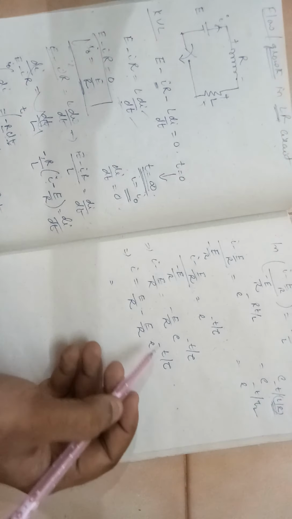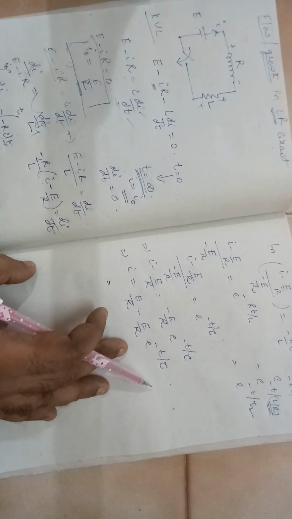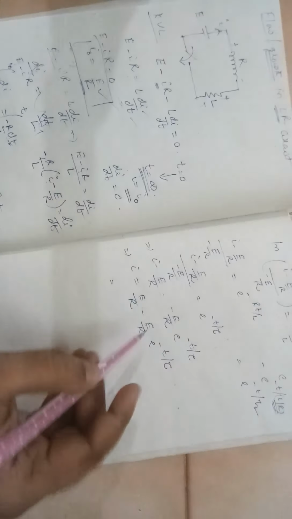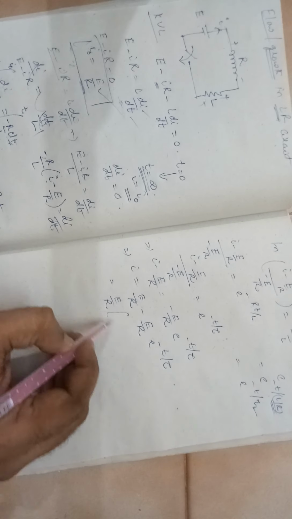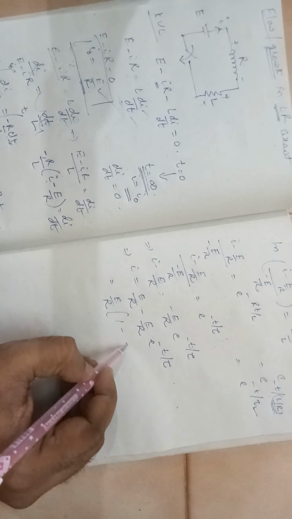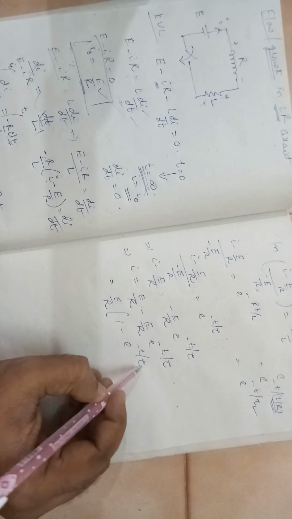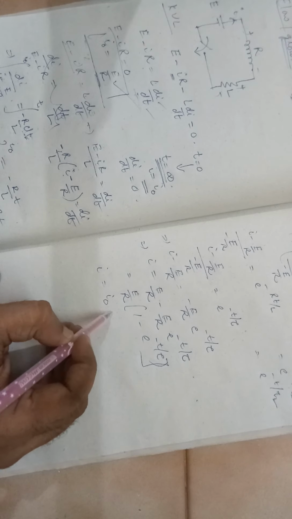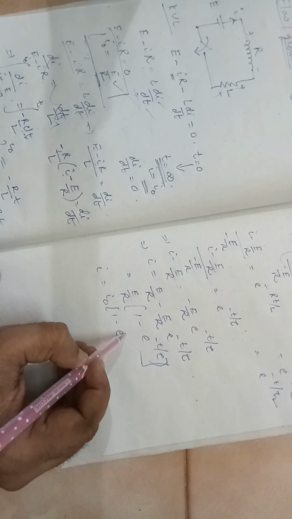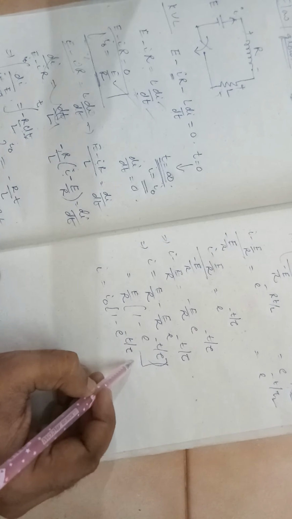E by R, anyway we have discovered that it is I0. So E by R, if you take common, it becomes e power minus T by tau, or I is equal to I0 into 1 minus e power minus T by tau.